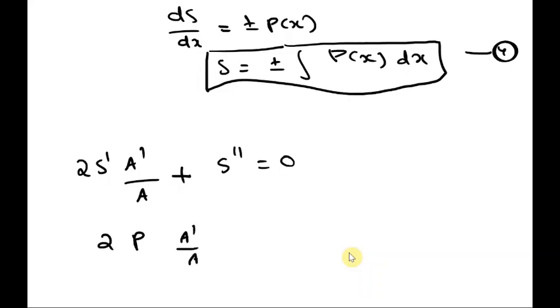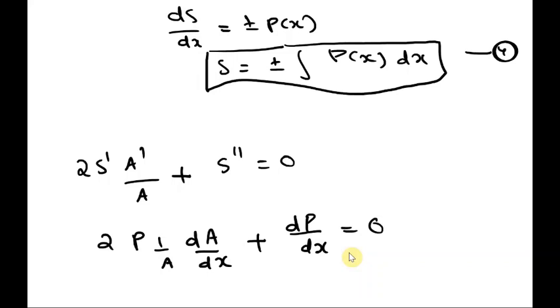Okay, I'll write this a prime as 1 by a, and a prime is dA by dx, plus here s double prime is nothing but dp by dx, which is equal to 0.